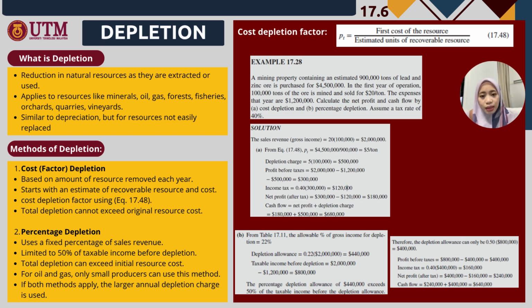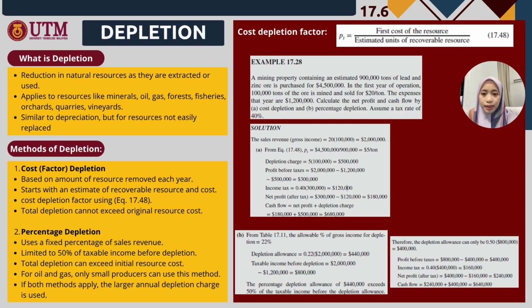The second one is the percentage depletion. This method allows a fixed percentage of the sales revenue from the resource to be deducted, subject to a limit of 50% of taxable income before depletion. Unlike cost depletion, total charges may exceed the original cost.